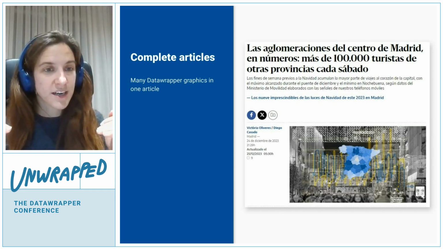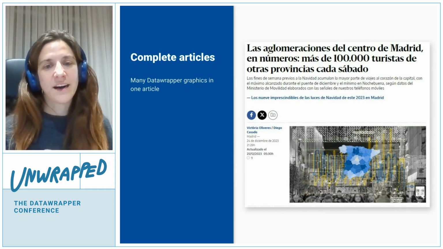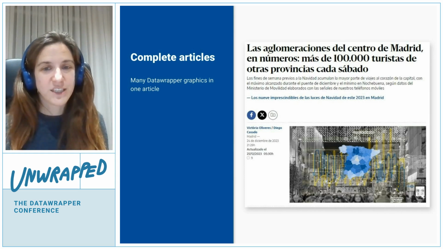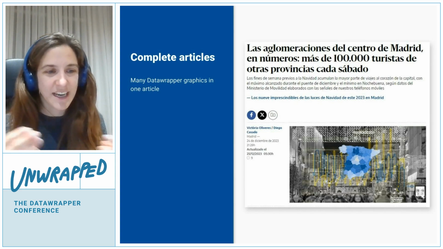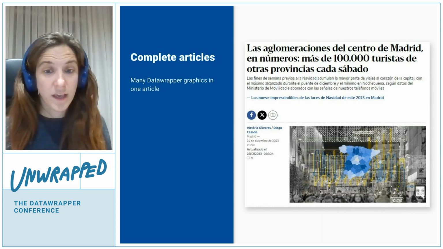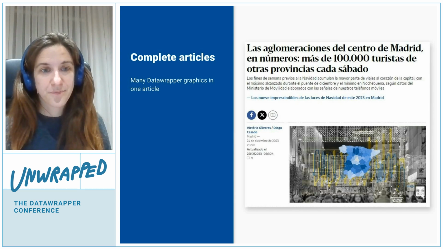Also, a column chart showing the difference between a normal day and a crowded day. And all of these charts were made using Datawrapper because it has many, many different types of charts, and we very often use them.